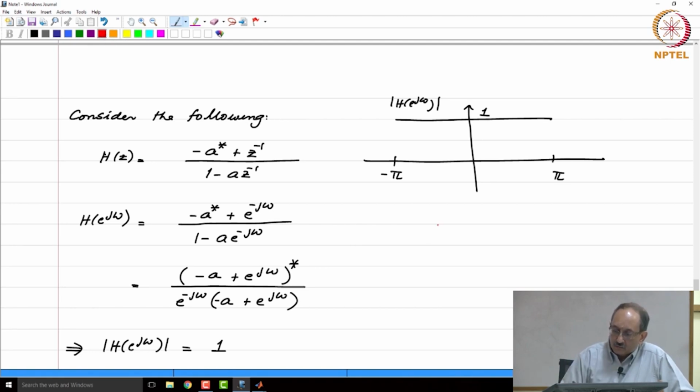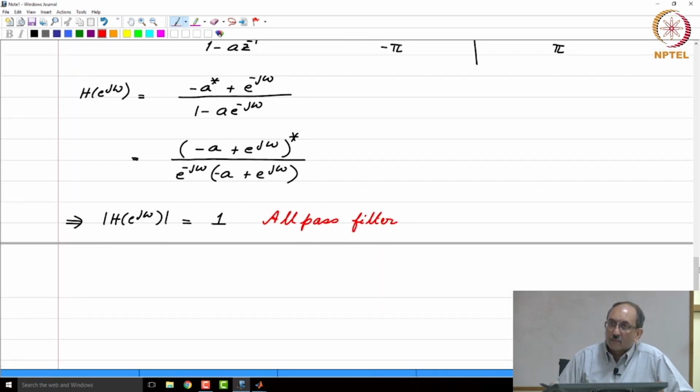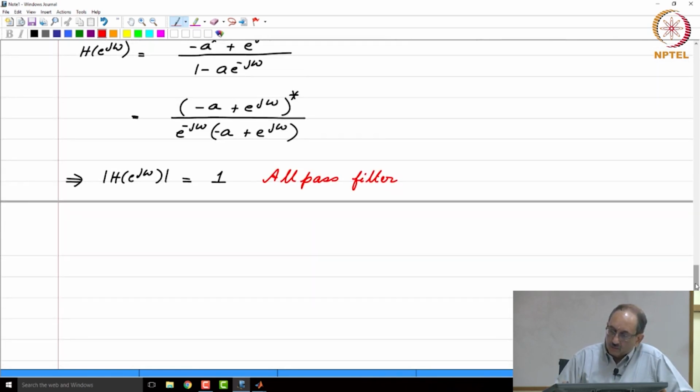And this is called an all-pass filter, all right, because it passes all frequencies. And this can be generalized.